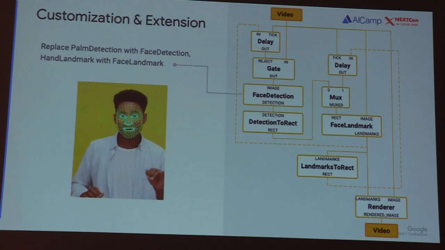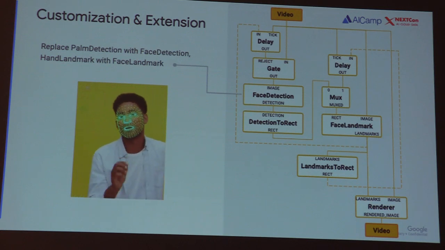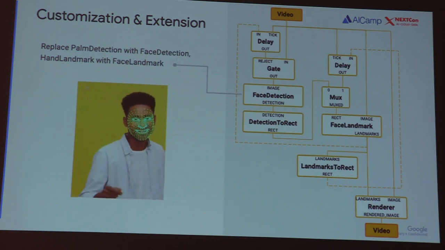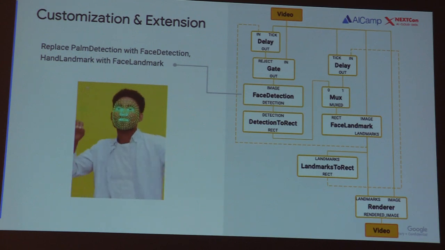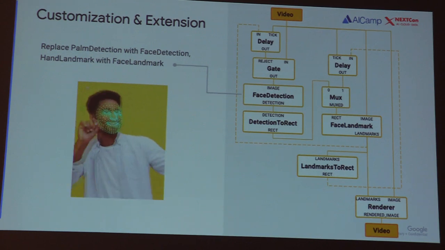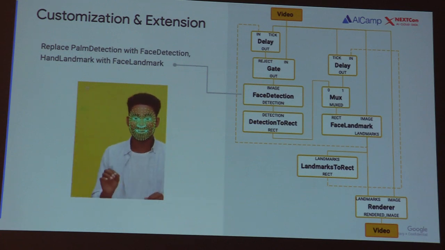In this case, we just replaced the hand detection and hand landmarks with face detection and face landmarks, and then the same graph is doing face landmarks and face tracking instead of hand tracking, and so the result looks like this.